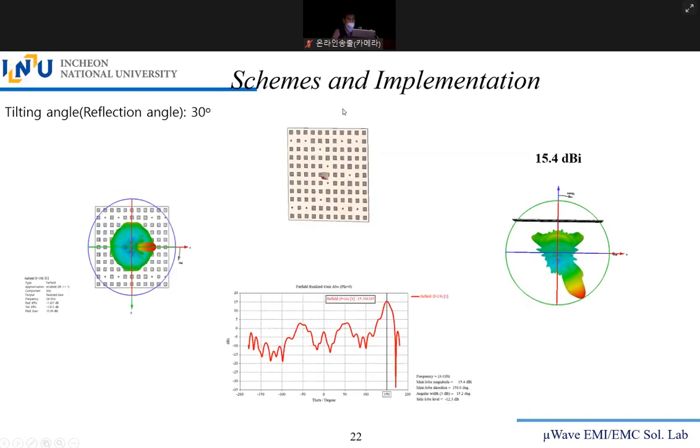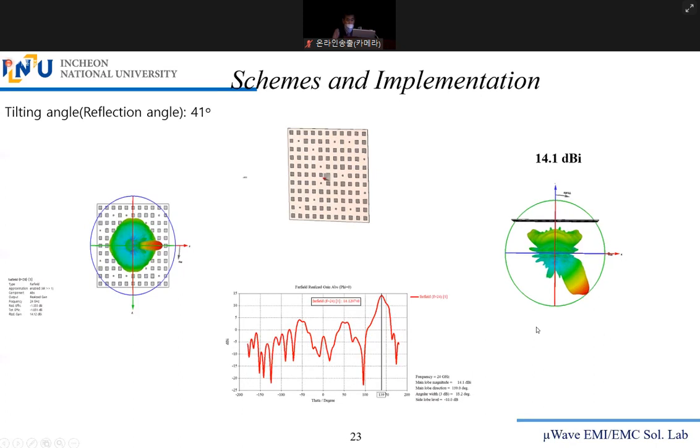Likewise, you can see a three-dimensional structure and the far field, especially the three-dimensional far field pattern, that shows it is being deviated from this direction. And it is monitored from the top, as you see. So this will be 30 degrees to here. So this is 180 degrees, and you can subtract 30 degrees from 180 degrees. This will be 150 degrees. So this is what you can expect.